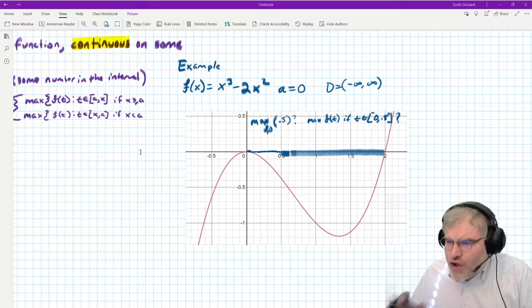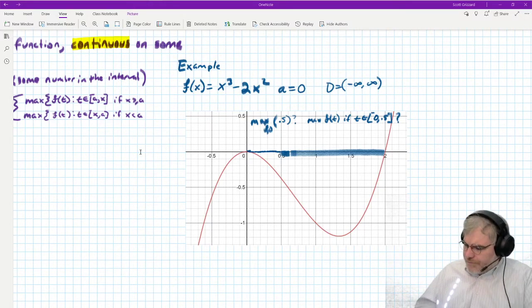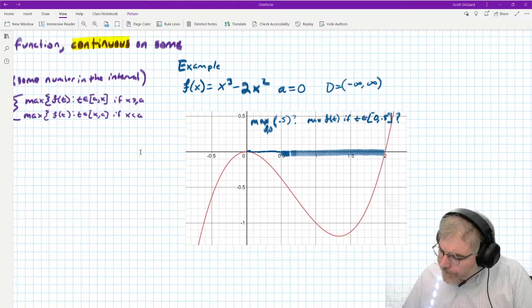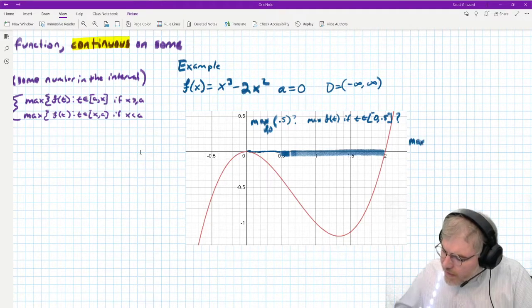Then when I hit 2, what happens to it? What is the maximum? What is max f, 0, of 2.1?